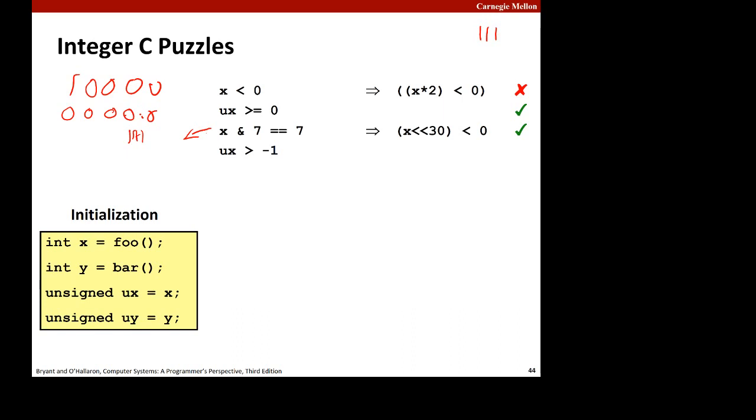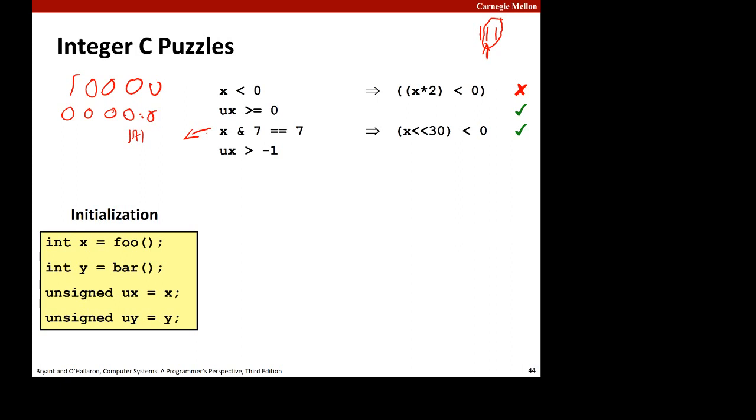And so if I shift it left by 30, I'm guaranteed that these 2 bits will become the most significant bits of that shifted result, right? And so this bit, in particular, is a 1, and so the result will be negative. So the answer to that is yes. The reason why involves very specific parts of that question, right?